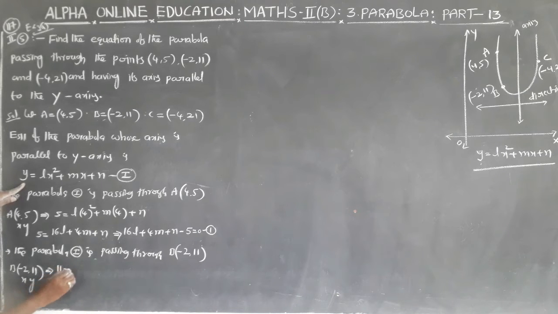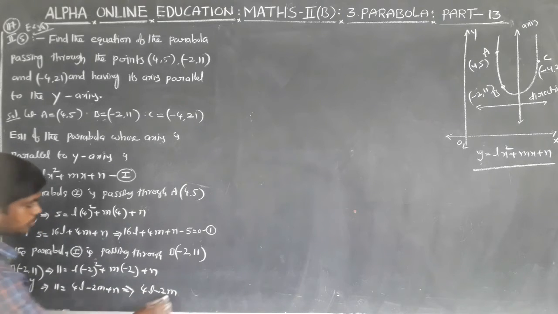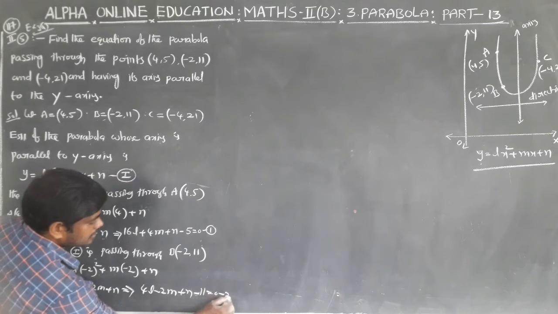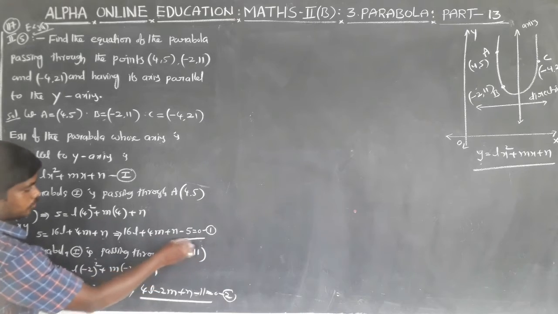Here y is equal to 11, L x square (-2 square), m x (-2) plus n. 11 is equal to (-2) whole square 4L minus 2m plus n. So 4L minus 2m plus n minus 11 is equal to 0. This is the condition number 2.